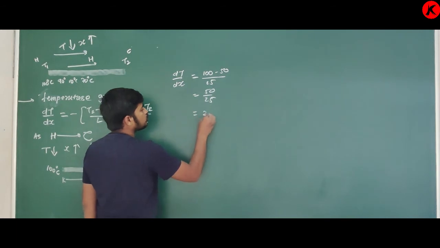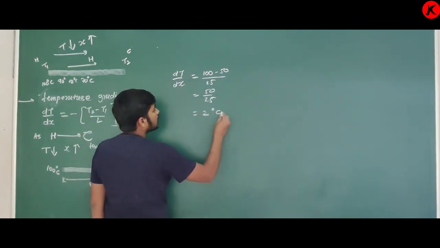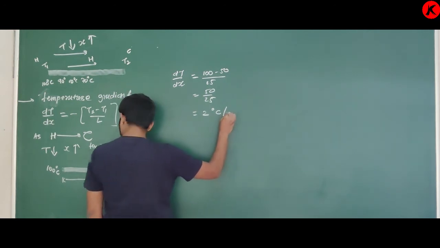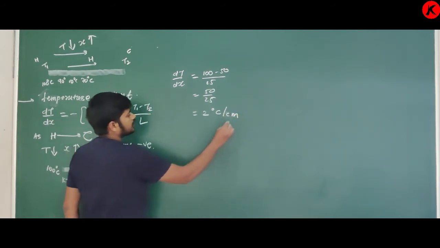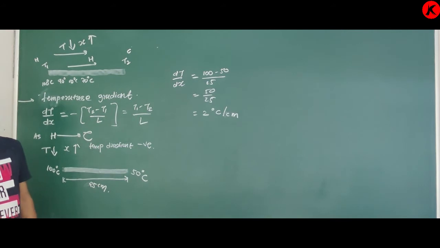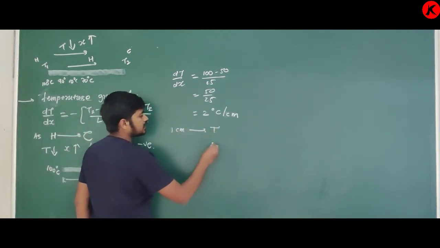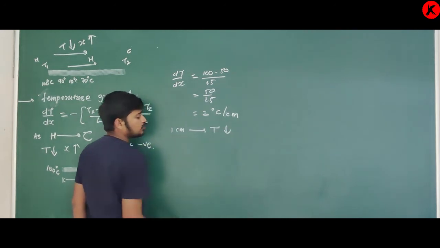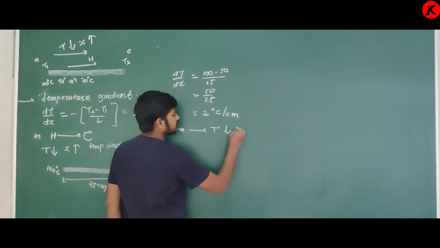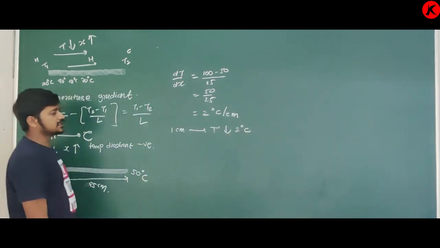So 50 divided by 25 is 2. But what is the unit? 2 degrees Celsius per centimeter. The meaning of this is, if we move 1 centimeter, temperature decreases by 2 degrees Celsius.